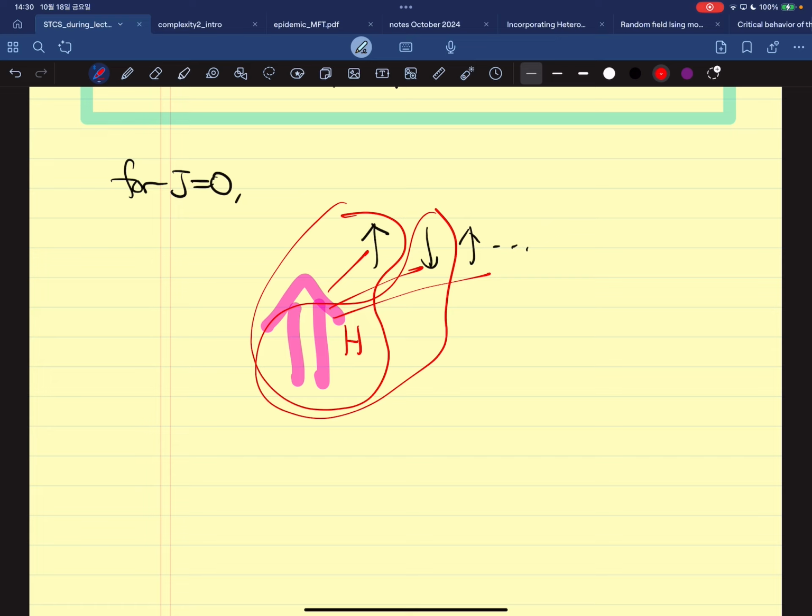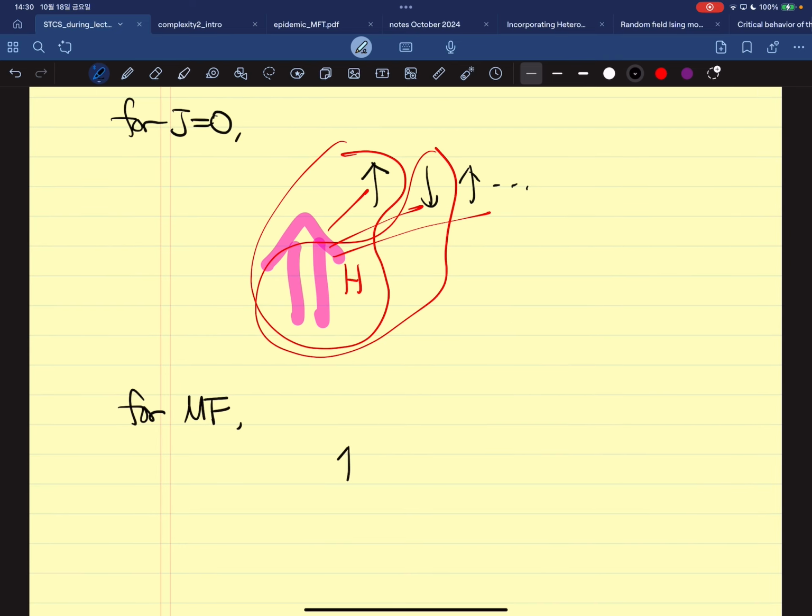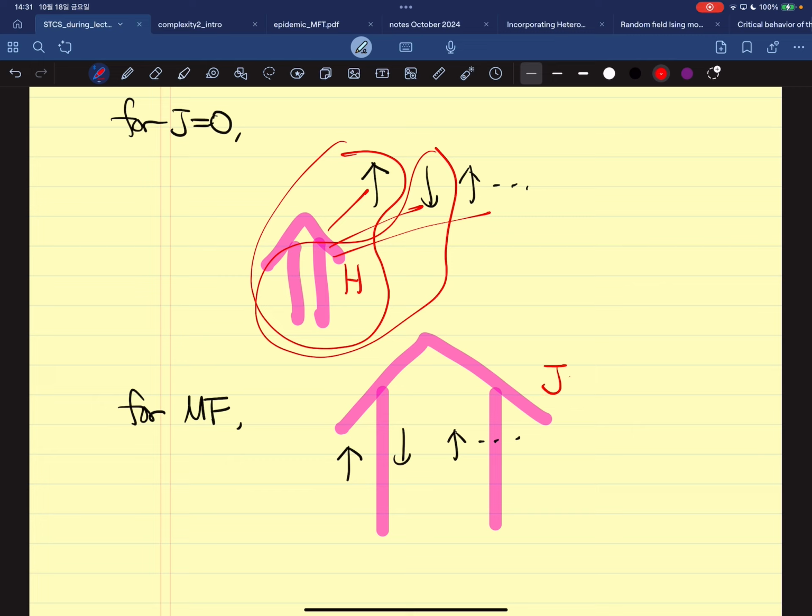But for the mean field model, all the other spins would be considered as this large effective field.